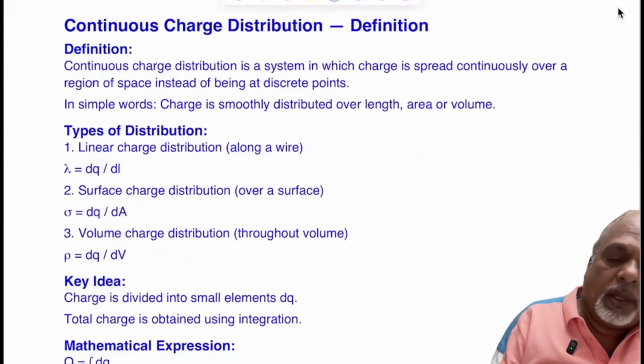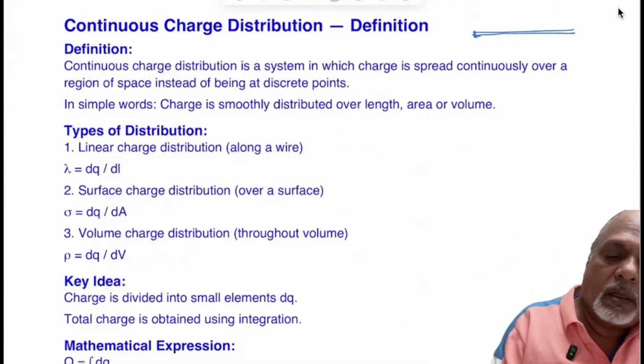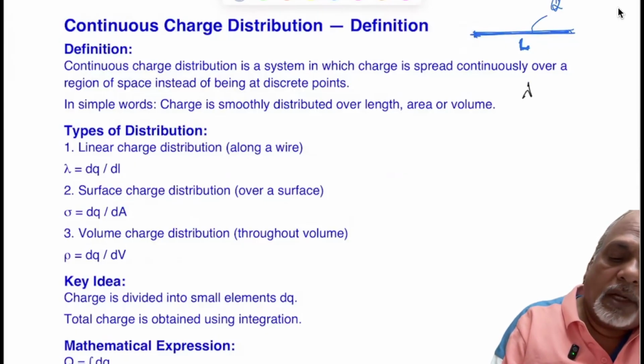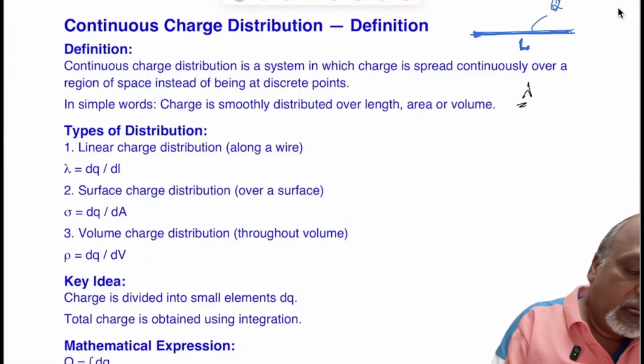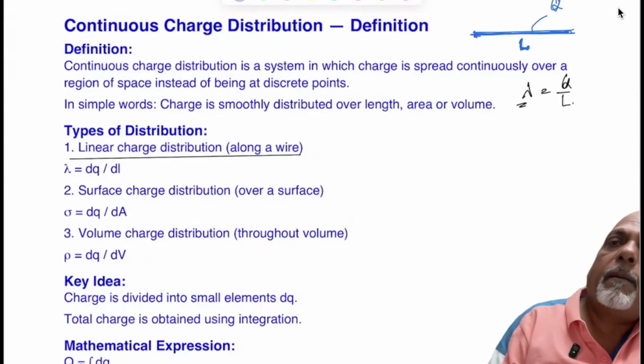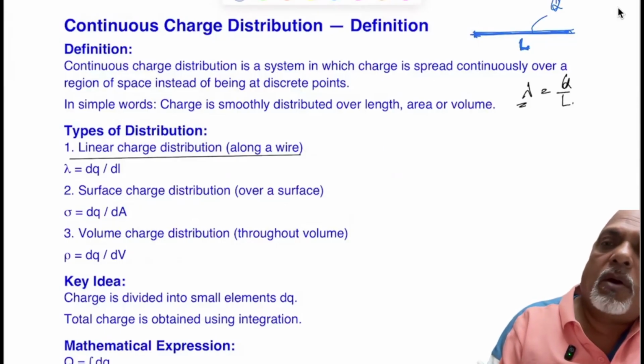But there may be a situation where suppose some rod is there of length L and you have put the total charge on this as Q, then linear charge density, lambda, what will be this? This is basically Q upon L, correct? Because charge is continuous on the rod.